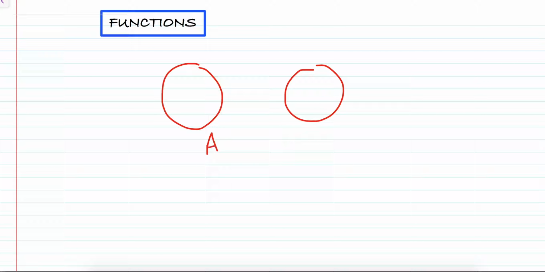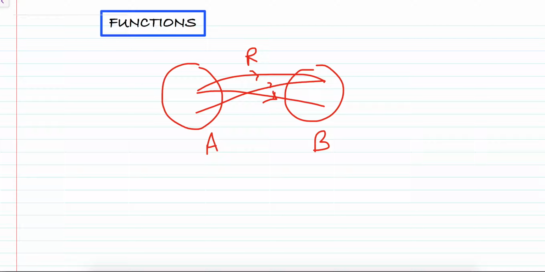Remember, we used to denote some relation R from set A to set B. We will see that although this is a relation, this is not a function.